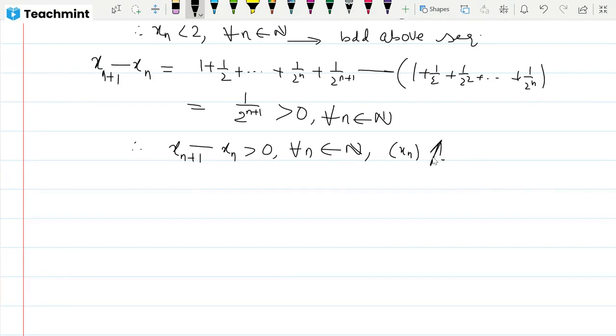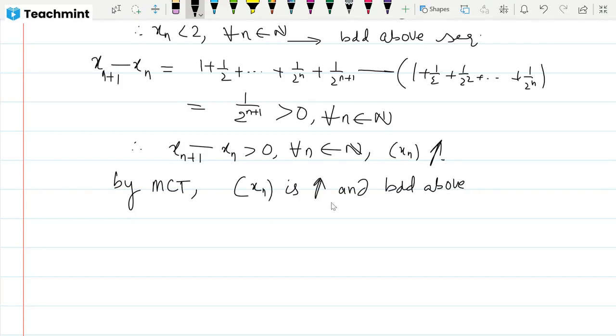So we can conclude by MCT, the monotone convergence theorem, that xn is increasing and bounded above. So therefore xn is convergent, right? A bounded and increasing sequence is convergent. Then we can find the limit of the sequence also.